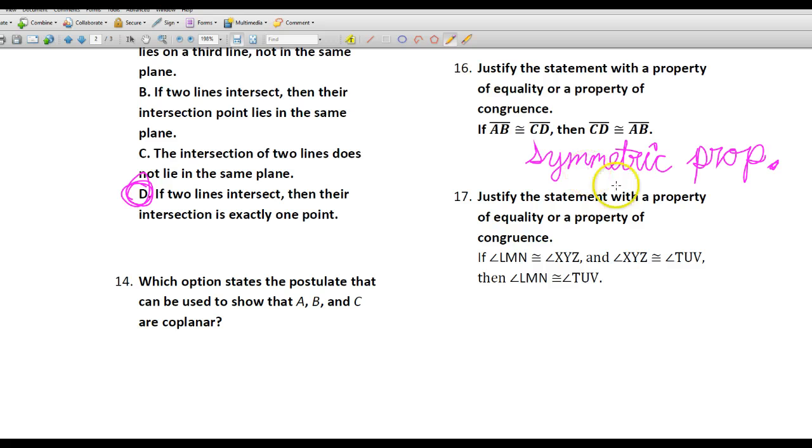Number 17, justify the statement: if angle LMN is congruent to angle XYZ and angle XYZ is congruent to angle TUV, then angle LMN is congruent to angle TUV. And this is the transitive property.